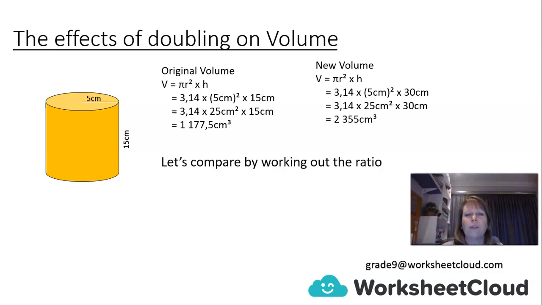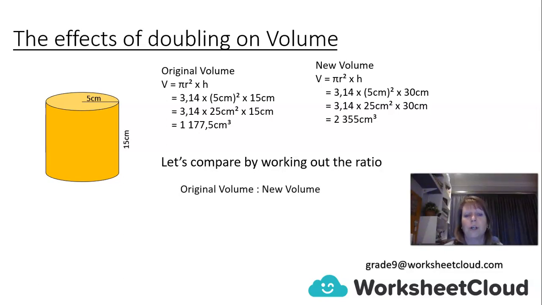Okay, we did a lot of that comparing using a ratio when we looked at the effects of doubling on the volume of a rectangular prism, and we doubled the one side and saw what effect that had on the volume. Then we doubled two sides, and then we doubled all three measurements. Okay, so let's have a look here.